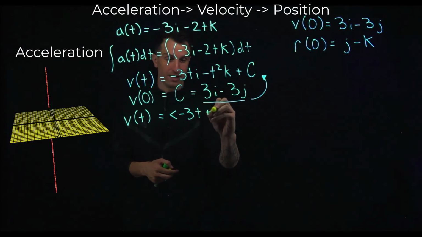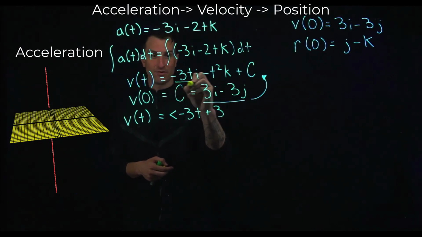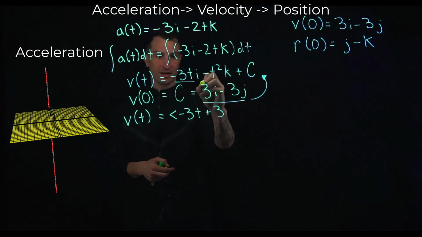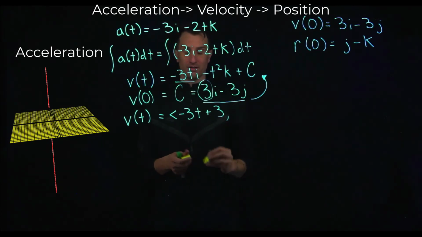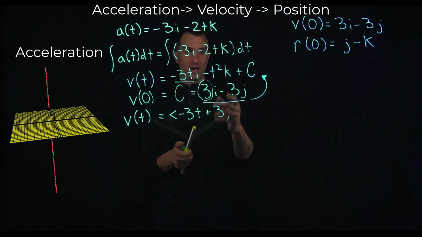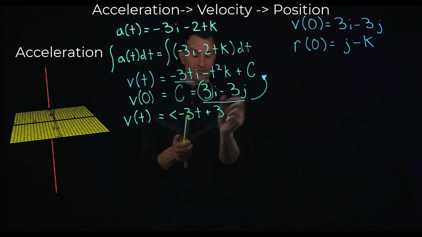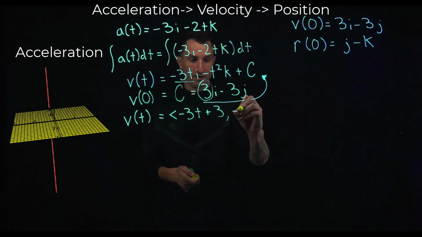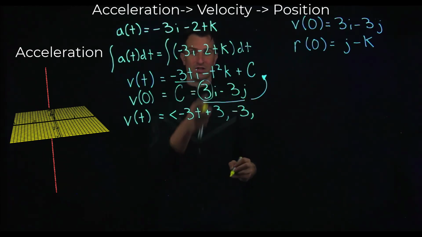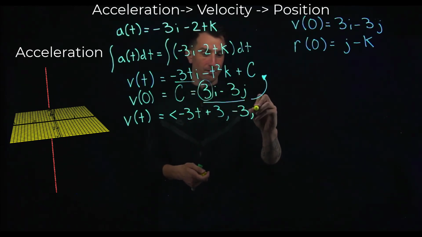So plus 3. Since they're both i's, they're both the first component. Comma, let's figure out what our next piece is. Well, we just have negative 3j, so negative 3 is by itself. Negative 3. And our last piece is just the negative t squared by itself.